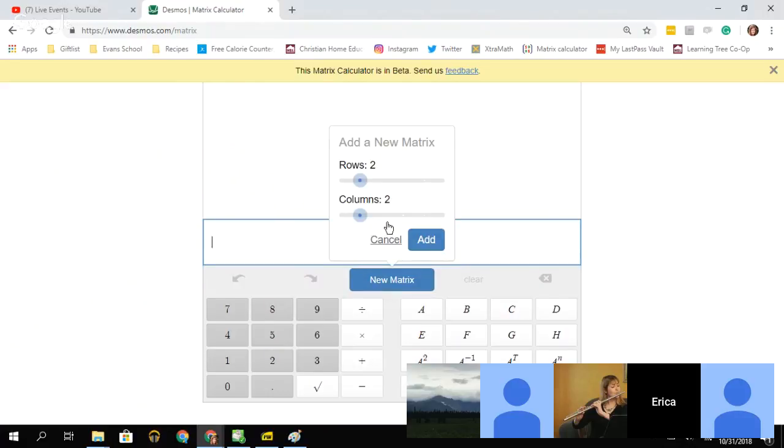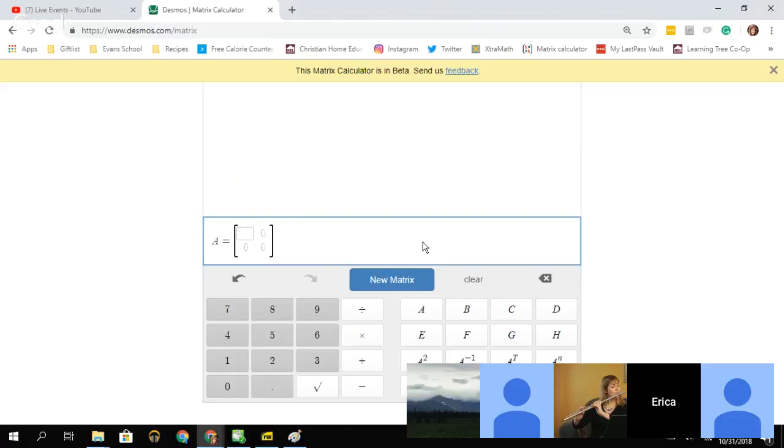If you're using your TI calculator, you're going to go into matrix and under the edit part. For matrix A, the book tells you that matrix A equals 5, -3, -2, and 4.